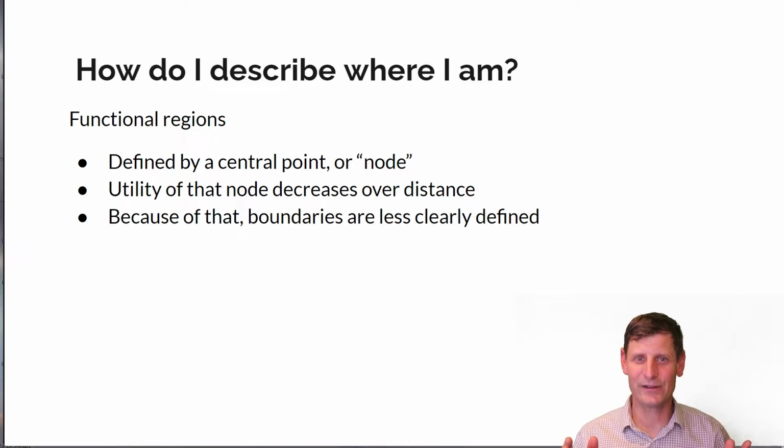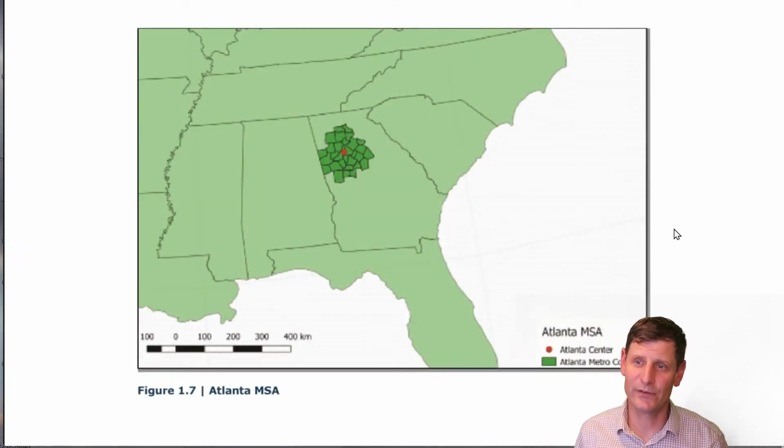And that's because the thing that's at the center is the most influential over things that are close to it, and the farther away you get from it, the less influential or less important it is. It's easy to understand with a few different examples.